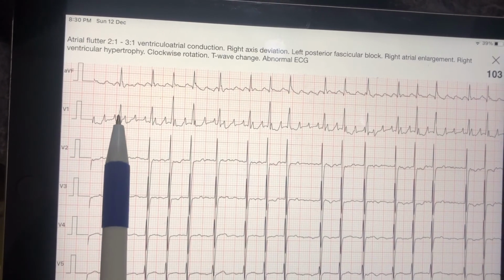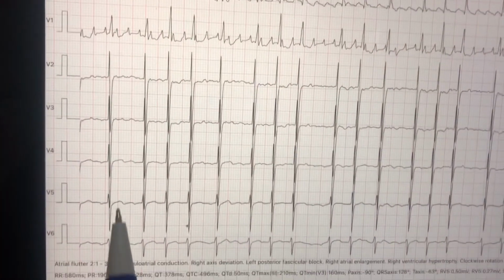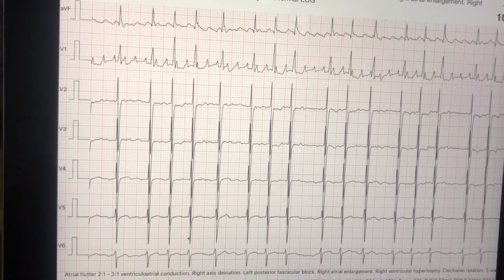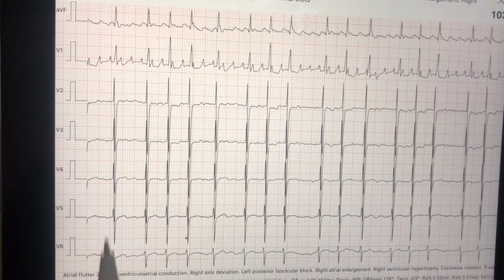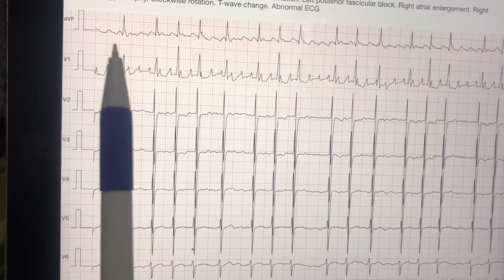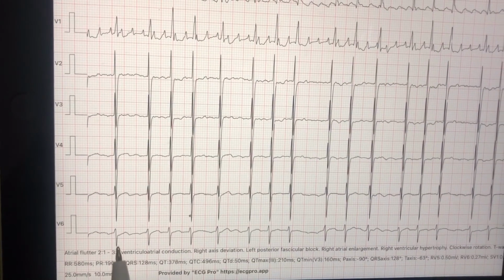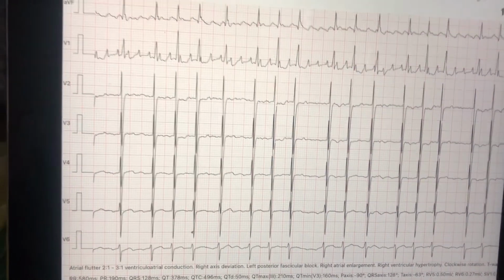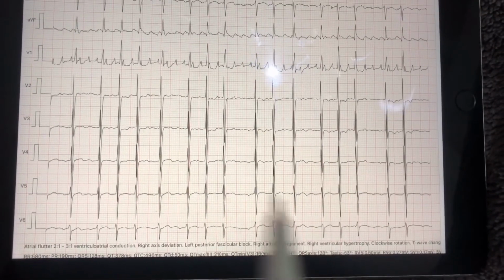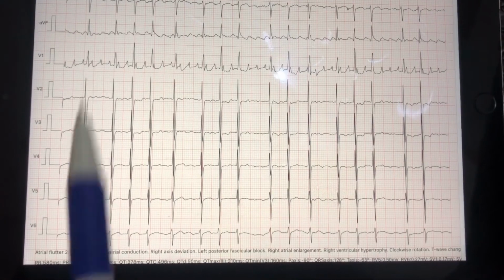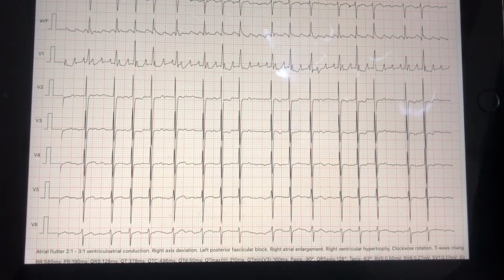The V1 has upward deflection, and in V6 it's downward deflected, which is exactly the opposite of the normal, where V1 should be downward deflected and V6 should be upward deflected. But here we see the opposite scenario.